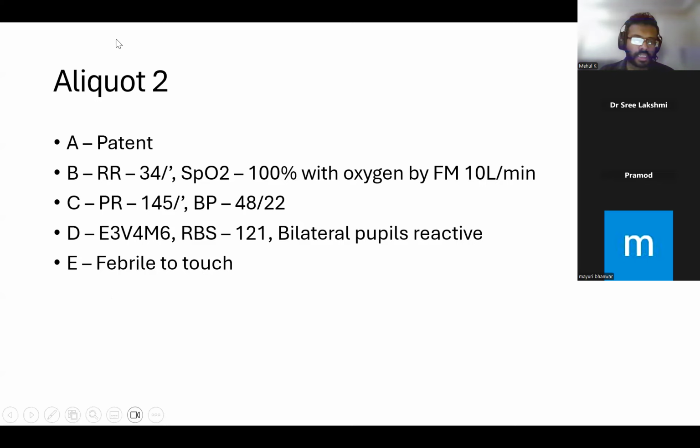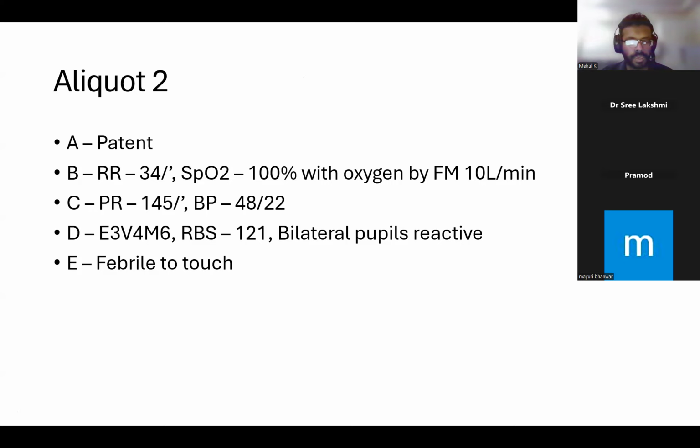The next thing is a patient having a BP of 48/22, but peripheral pulses are palpable, and you are putting the patient on a non-invasive cuff. In between it is coming like 170.